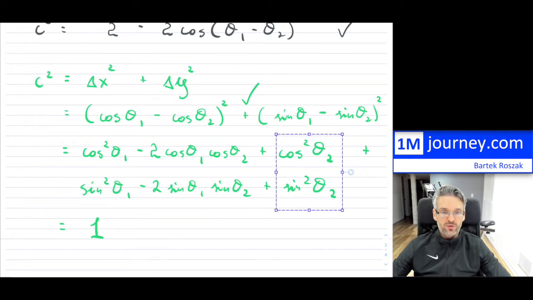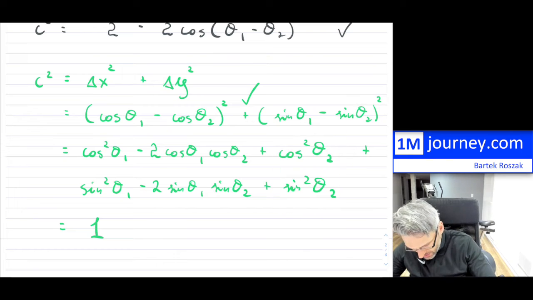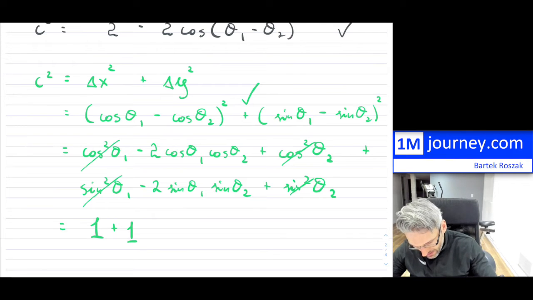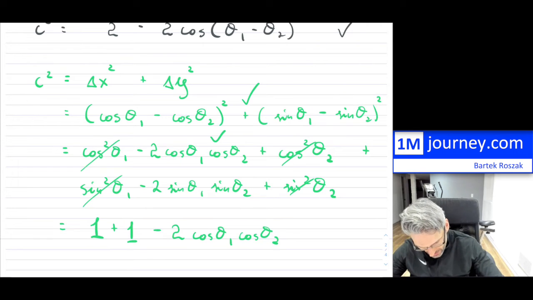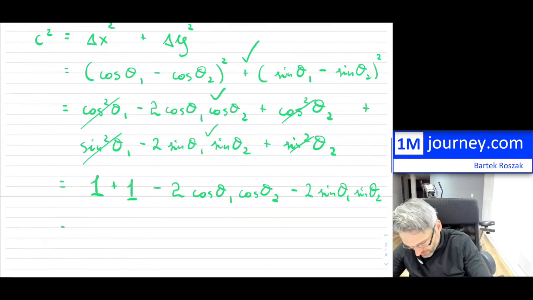This is also equal to 1, so this is going to be 1 plus 1. That's these two things out of the way. What I have remaining is minus 2 cos theta 1 cos theta 2, and then minus 2 sine theta 1 sine theta 2. That's what we have from those two.